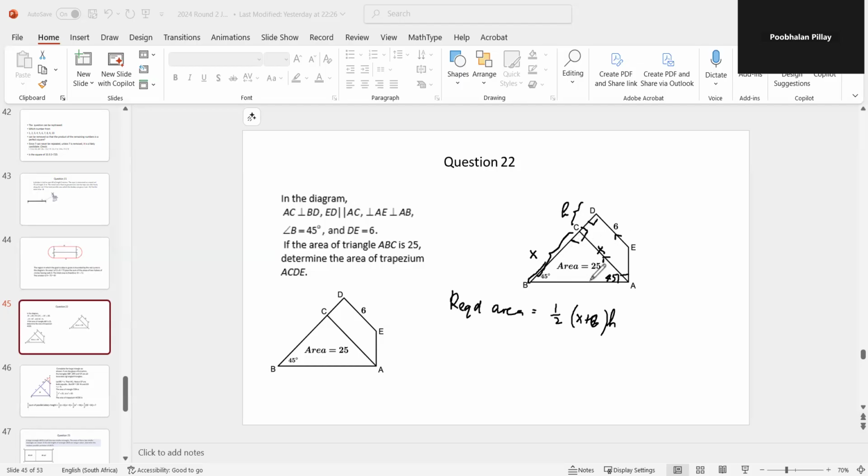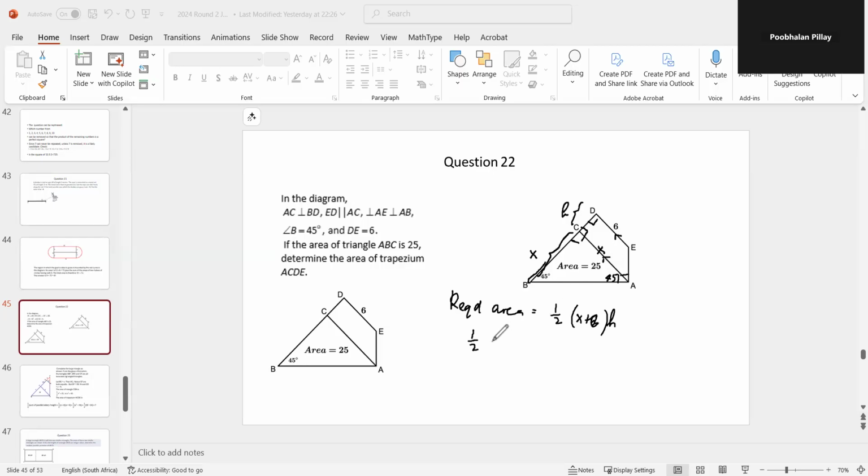Now, the area of this is given to be 25. So you've got a formula for X here, because the area of this triangle is half X squared. So you got half base. Let's take this to be the base, and this will have to be the height.